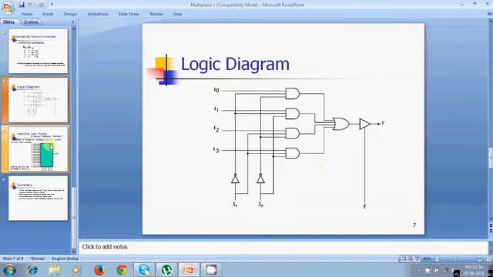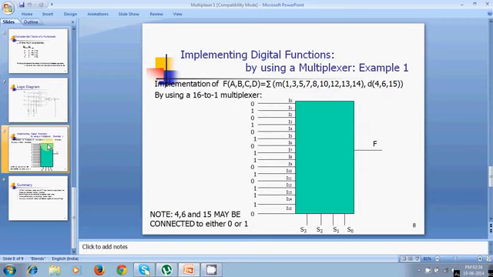Now we will discuss the application of multiplexer. We can implement any function using the multiplexer. Suppose we have taken an example in which we are given a function f which we have to implement using a 16:1 multiplexer.